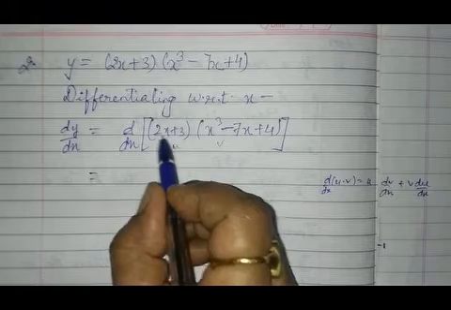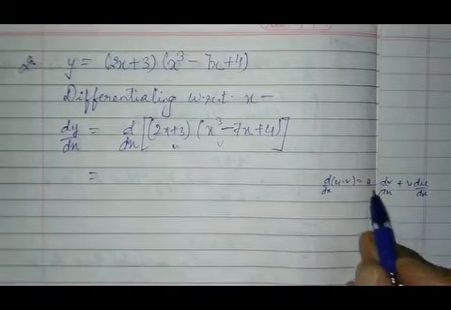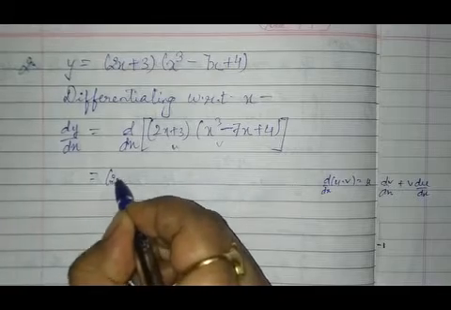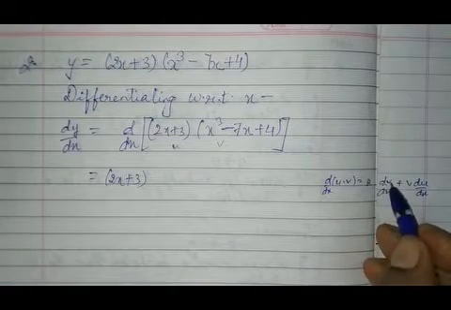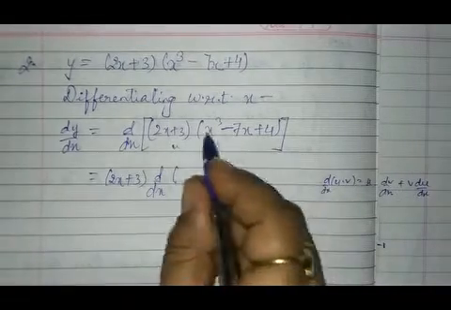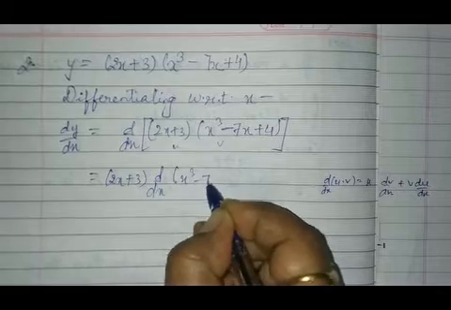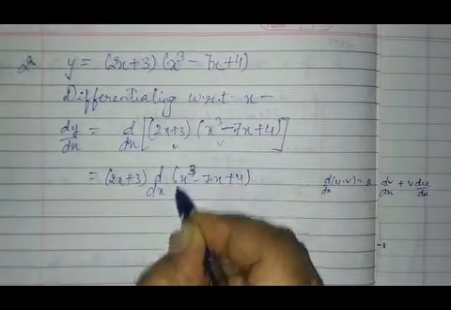So u is 2x + 3 and v is x³ − 7x + 4. So we write u here, and u is 2x + 3. Now d/dx of v, where v is x³ − 7x + 4.